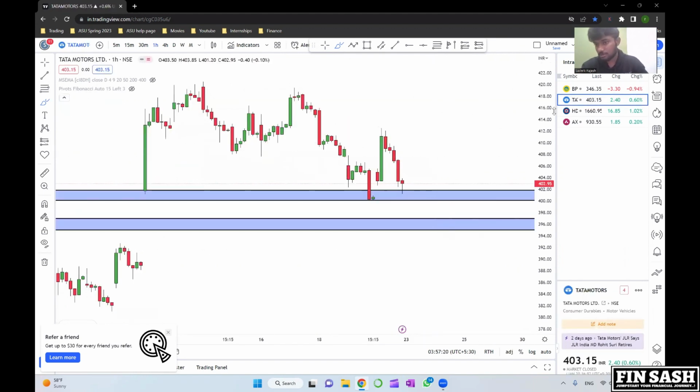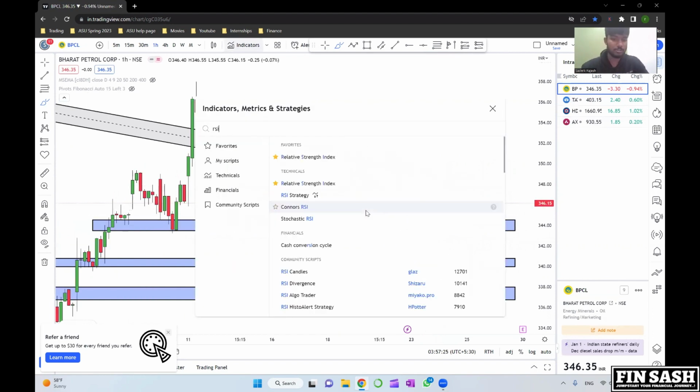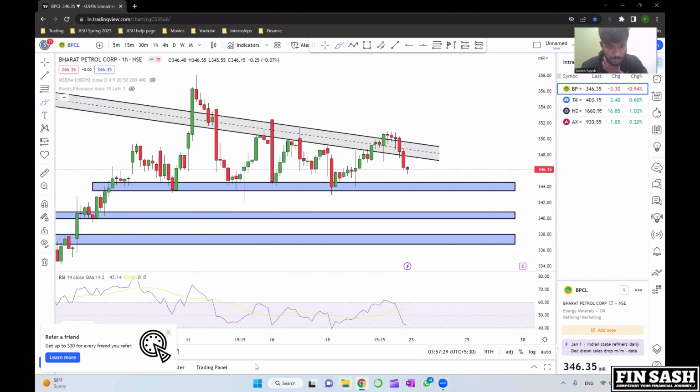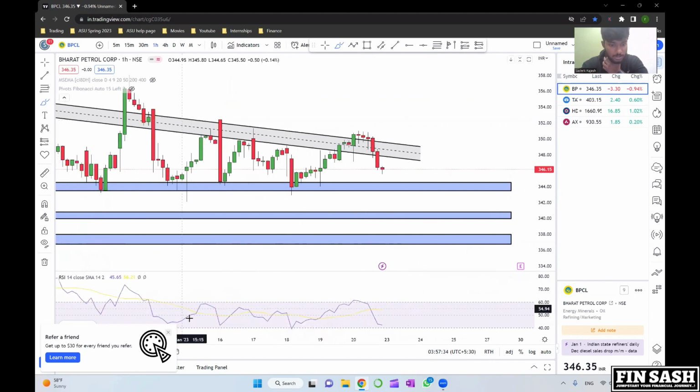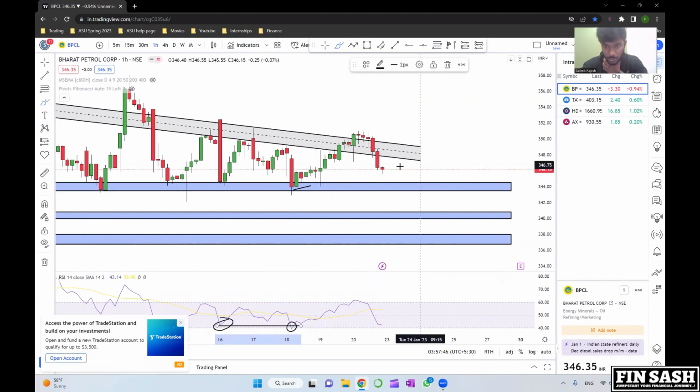Moving on. And also, if you notice for BPCL, if I open up this indicator called RSI, which is a momentum indicator, there's been a support over here, but when the market's somewhere above this level, the RSI has dipped to somewhere in this level, right?